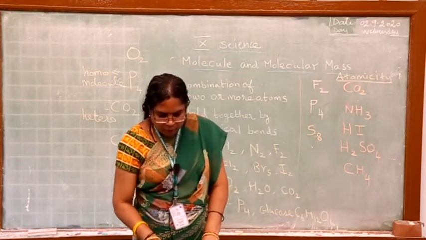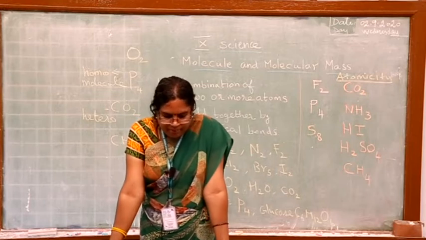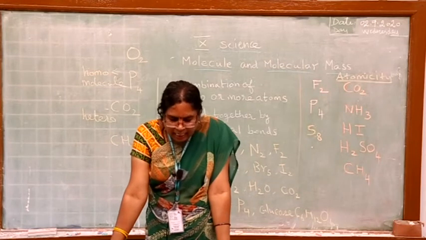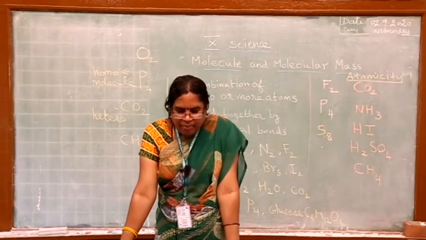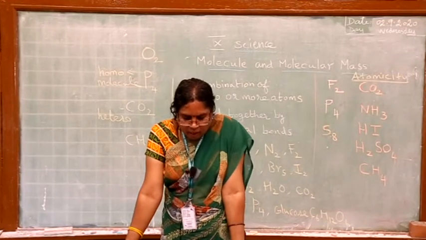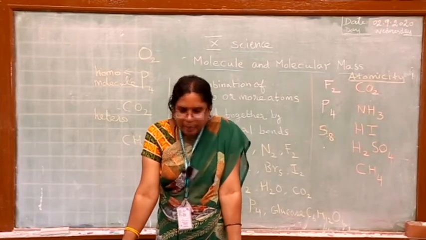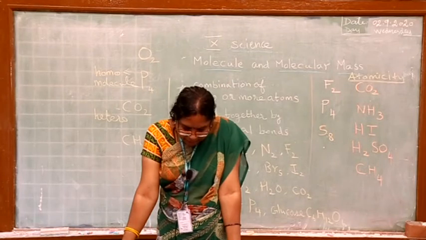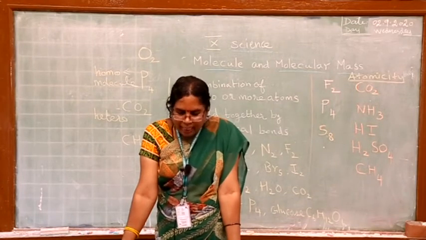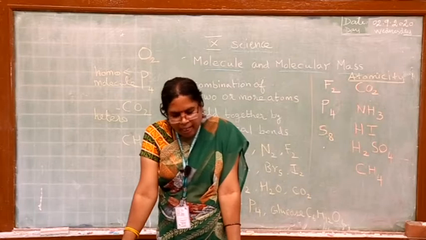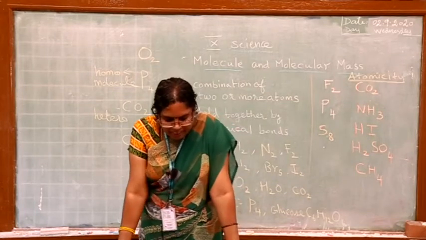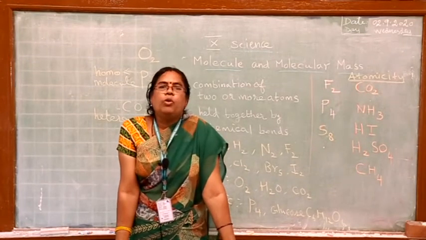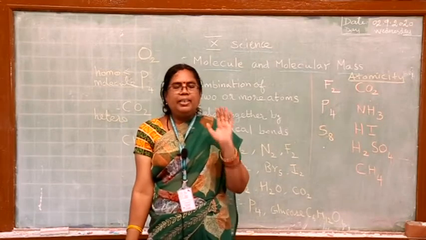I am going to ask you to classify the following molecules based on their atomicity, as homodiatomic, homotriatomic, homopolyatomic, heterodiatomic, heterotriatomic, or heteropolyatomic. Now we take sulfuric acid, H2SO4. First you think it is a molecule.